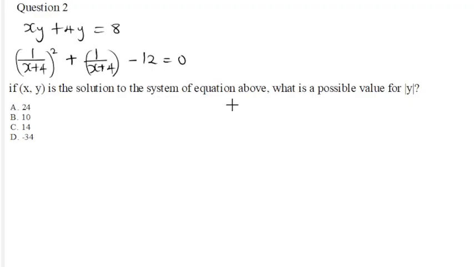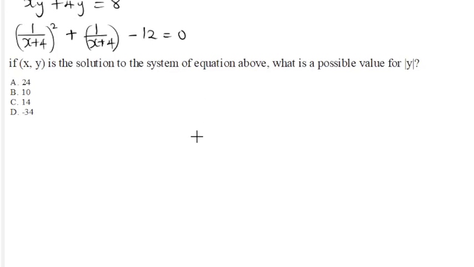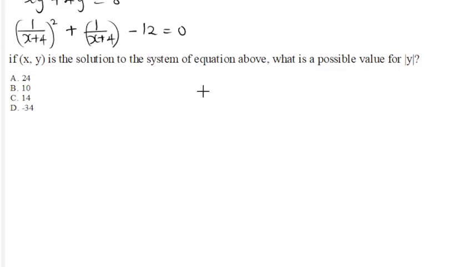Then a similar thing here for question 2: xy + 4y = 8. The same thing here. From equation 1, let's factorize this, bringing out the common factor y. Then we have y(x + 4) equal to 8.